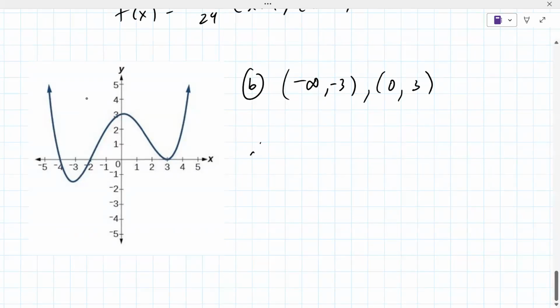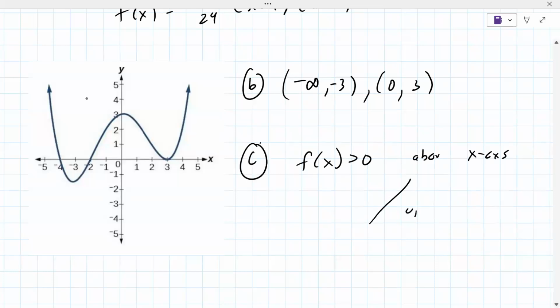So for part C though, there are two things that have to be true, right? It has to be above the x-axis and going up and to the right.